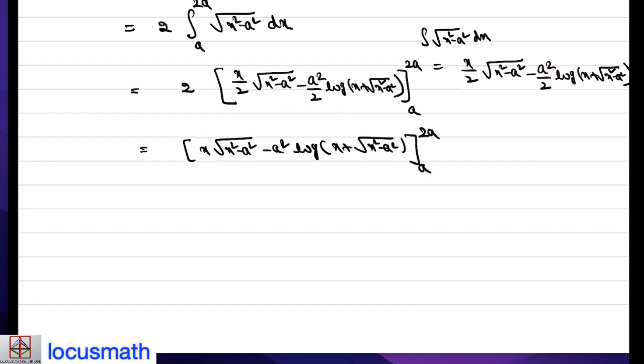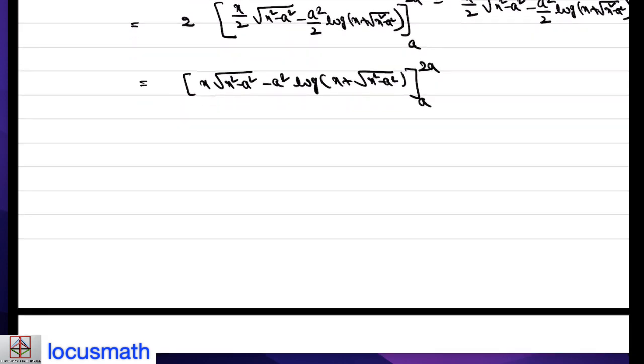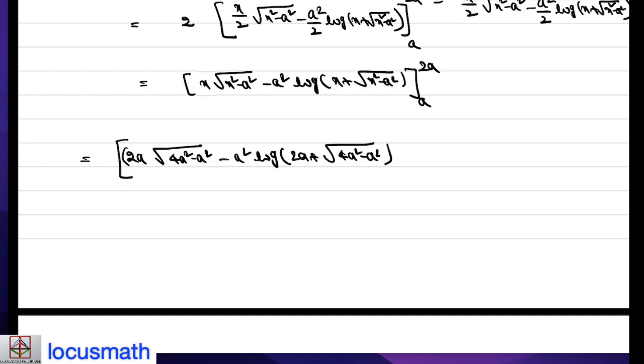a to 2a. Substitute the upper limit first, that is 2a into under root of 4a square minus a square, minus a square into log of 2a plus under root of 4a square minus a square, minus the lower limit. If you substitute the lower limit, for x equal to a, this becomes 0.